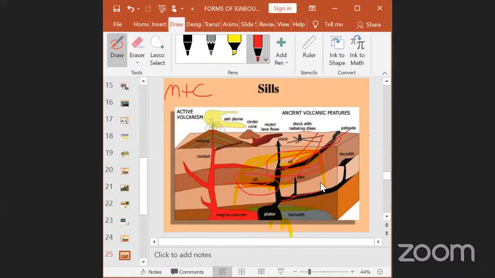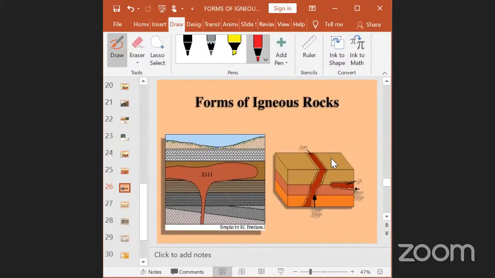Sills also give out minor intrusions into the overlying rock masses, whereas lava flows do not. So these are the sills.